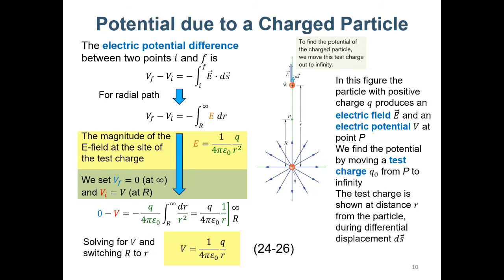Because you can imagine for this one, if you just plug in r to be 0 plus, this will be infinitely large if Q is positive. If Q is negative and r is 0 plus, then this will be negative infinity.